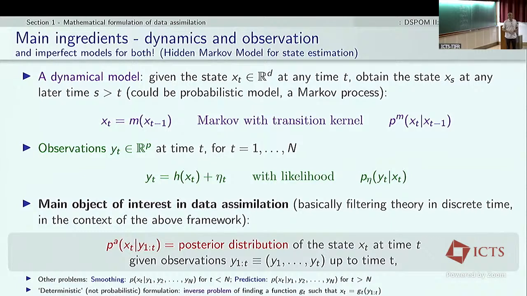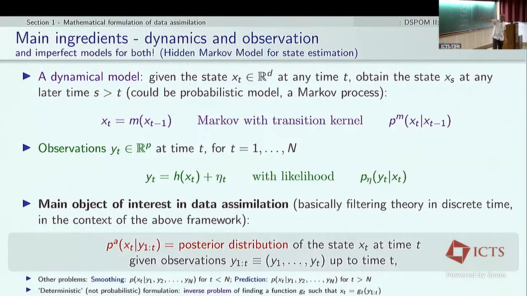Effectively, what is the probability distribution of the state conditioned on the observations, which is a conditional distribution, also called a posterior, in the context of Bayes theorem or Bayesian analysis. So the object of interest is the distribution of x_t, the state, conditioned on the observations y_1 through t. And that's what we will look at.